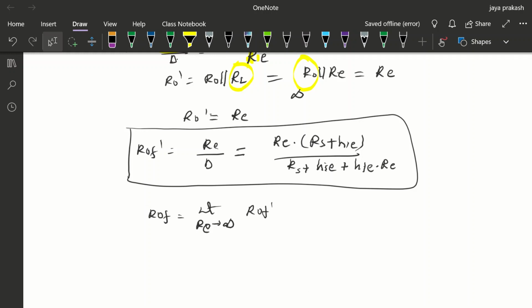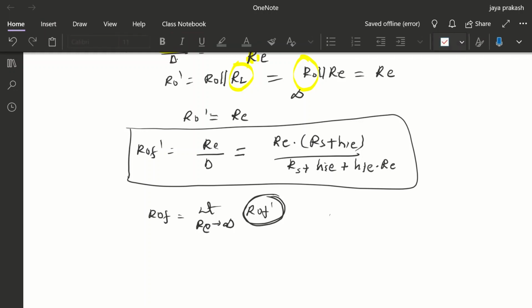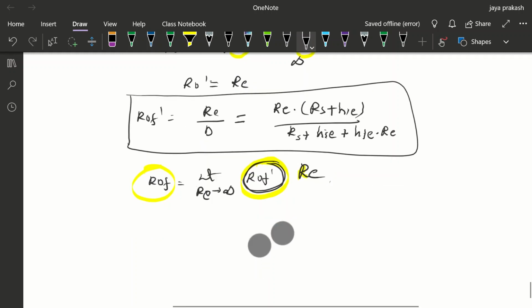So that is the difference between R naught F dash and R naught F. R naught F dash means including the load resistance RE, and R naught F means excluding the load resistance RE. So when we are excluding this RE, then R naught F dash becomes R naught F.